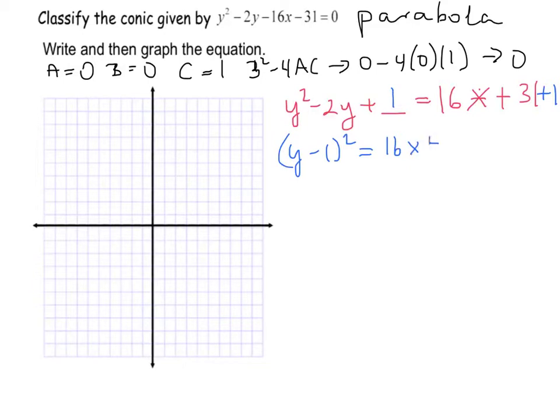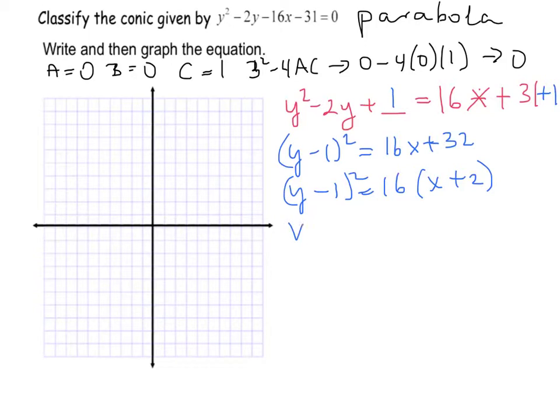16x plus 32. And if I factor out 16 on the right hand side, I will get 16 times x plus 2. So now I have my parabola in standard form, and I also know since 16 is positive that it's going to open to the right.